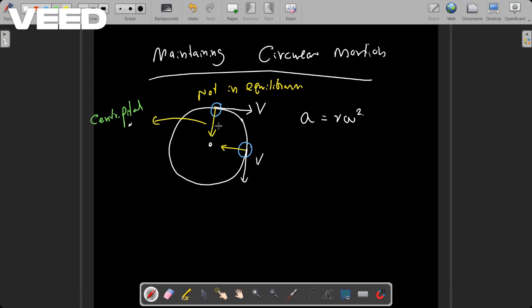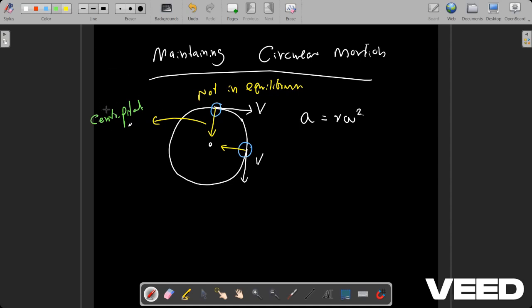So centripetal force is the force that keeps the object pulled towards the center. Otherwise, if you do not have this force on the object, what will happen? This object will take this route, this path.